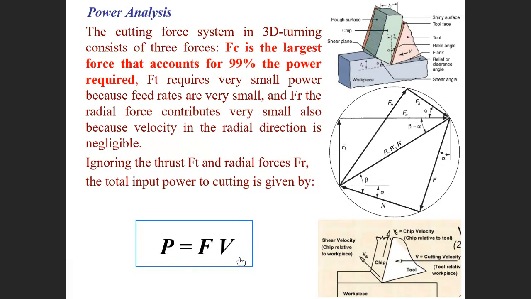So power equals Fv, force multiplied by velocity. The two vectors must be in the same direction. We have the cutting force and cutting velocity in the same direction, the shear force and shear velocity in the same direction, and the friction force and chip velocity in the same direction.